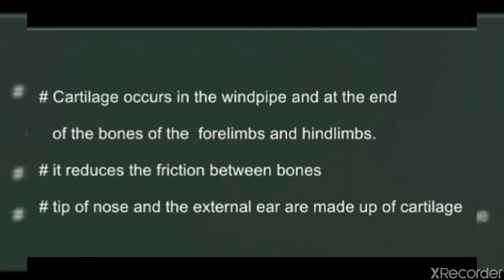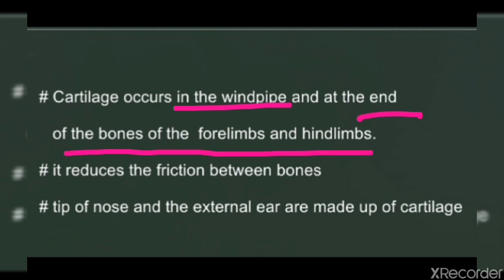Now we will see the parts in which cartilage is present in our body. It is present in the windpipe. Windpipe is the passage of air from the throat to the lungs. Through the windpipe only air passes to the lungs. It is also present at the end of the bones of forelimbs and hind limbs. Do you know, children, forelimbs or hind limbs?